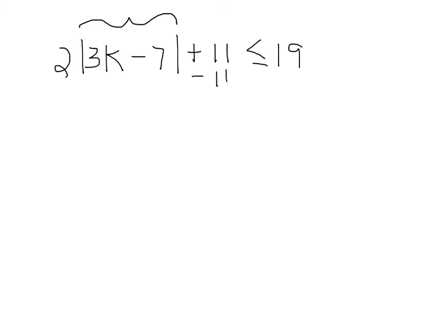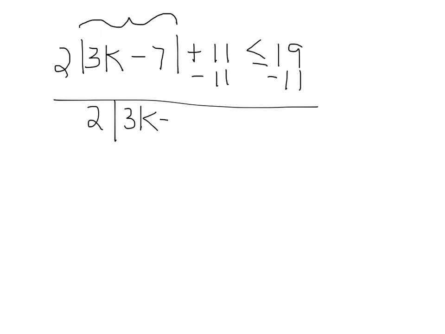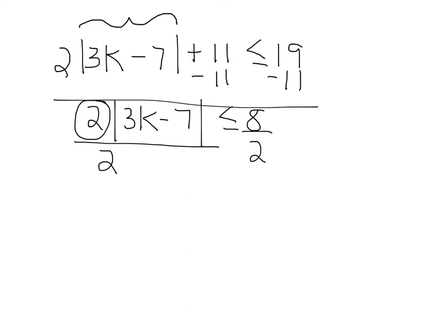So let's first subtract 11, leaving us 2 times the absolute value of 3k minus 7 is less than or equal to 8. And now this is still in there as a part of the equation that's not in the absolute value. So we're going to divide by 2, and we're going to say the absolute value of 3k minus 7 is less than or equal to 4.